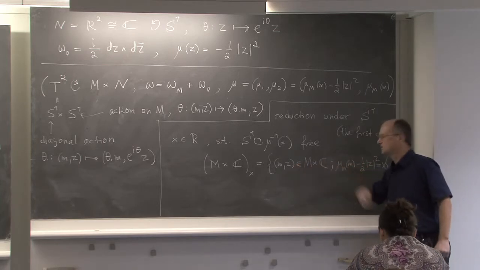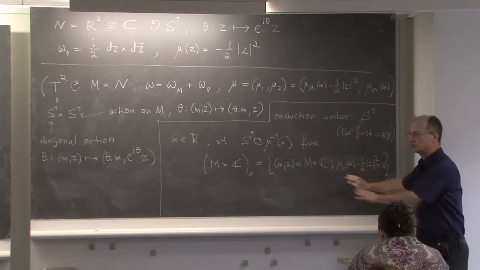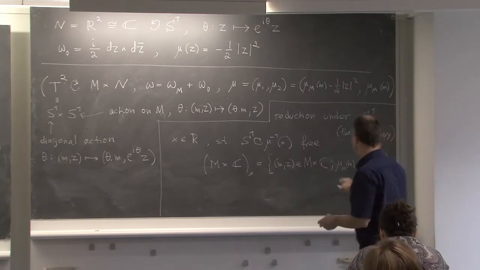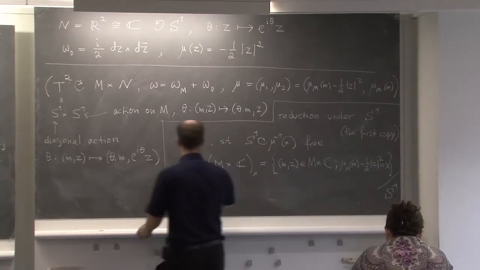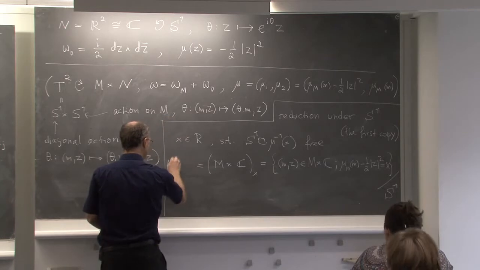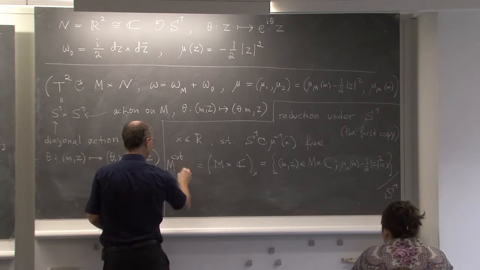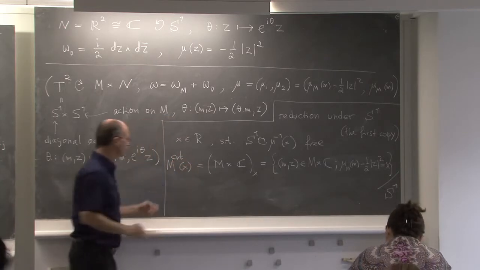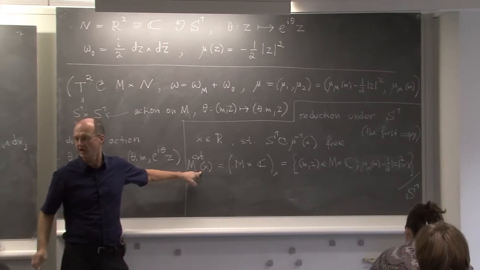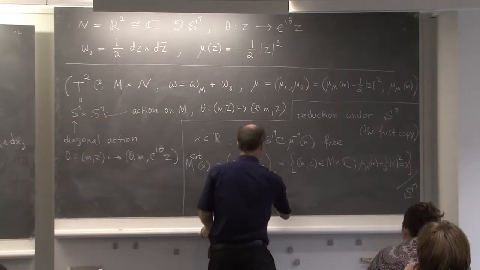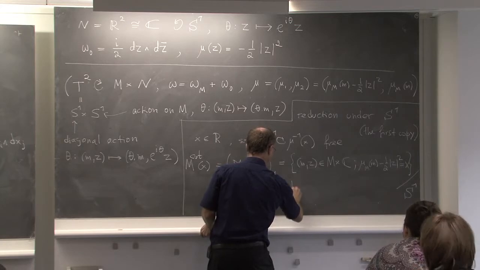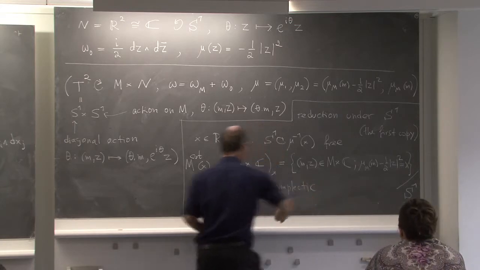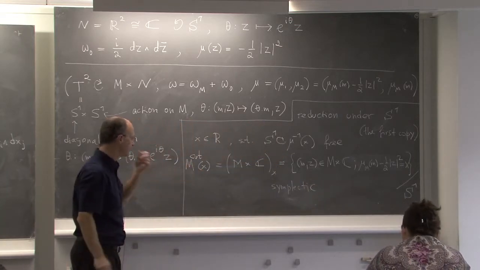We're going to check it in a second. But for a moment, assuming that, this will be a symplectic space. Let me denote it M cut of x. By our previous results, it's going to be symplectic.